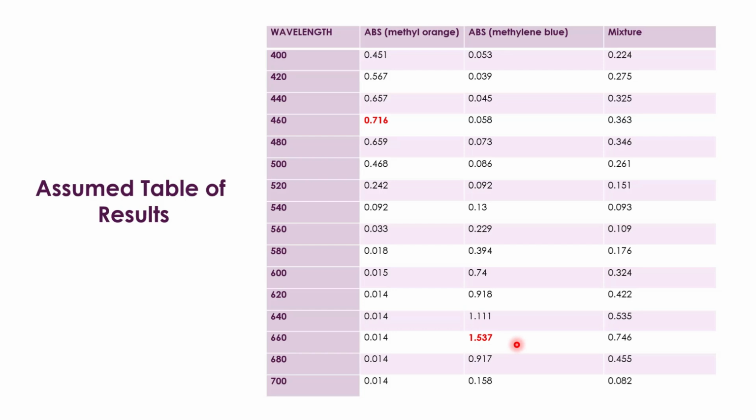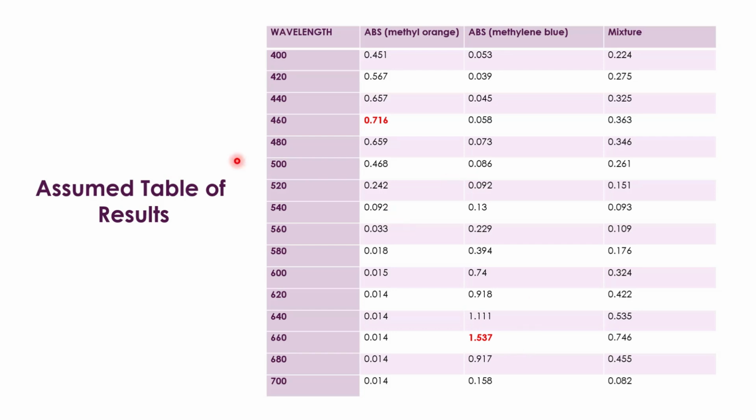And one interesting thing that we also have to note here is that the mixture will have two wavelengths at which there will be a maximum absorption because of the presence of the methyl orange and the methylene blue.